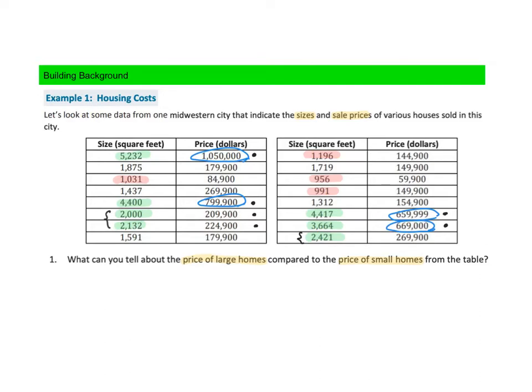And then let's compare it to the smaller homes. This smaller home is $60,000, so literally $600,000 less than some of them. This one is around 150, and less than $100,000. So the price of the larger homes compared to the price of the smaller homes is a lot greater.